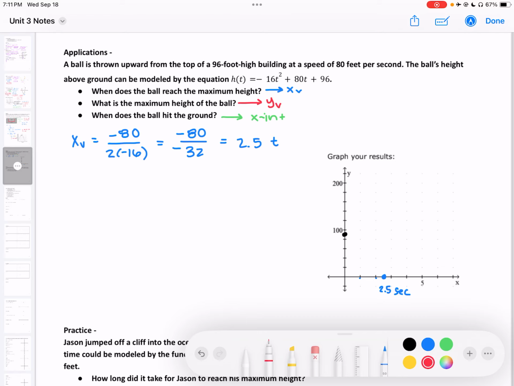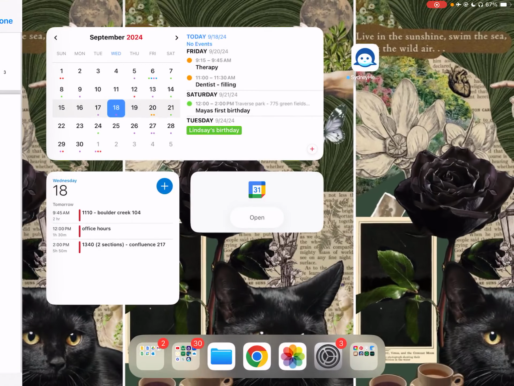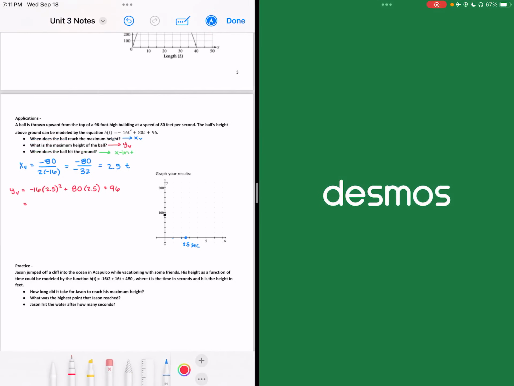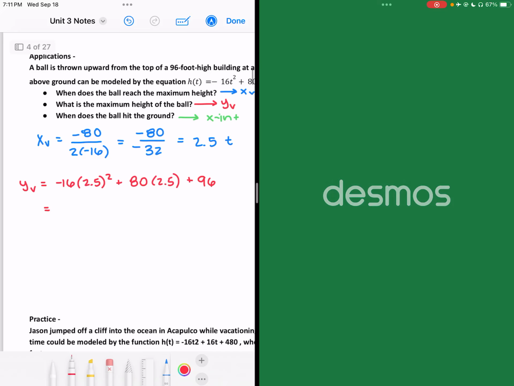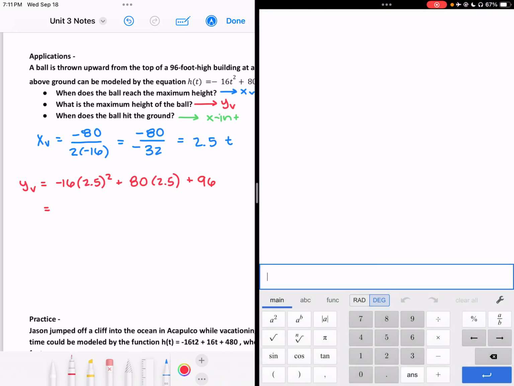Now we need to find the y-coordinate. So we have negative 16 times 2.5 squared plus 80 times 2.5 plus 96. Let's go ahead and plug that in. I'm going to open my calculator. Negative 16 times 2.5 squared plus 80 times 2.5 plus 96.